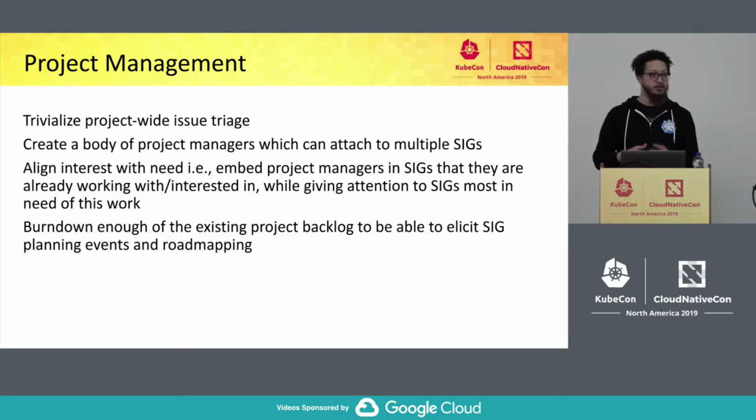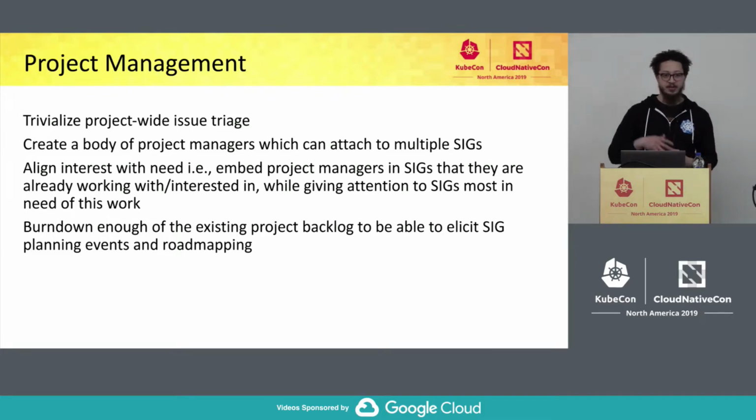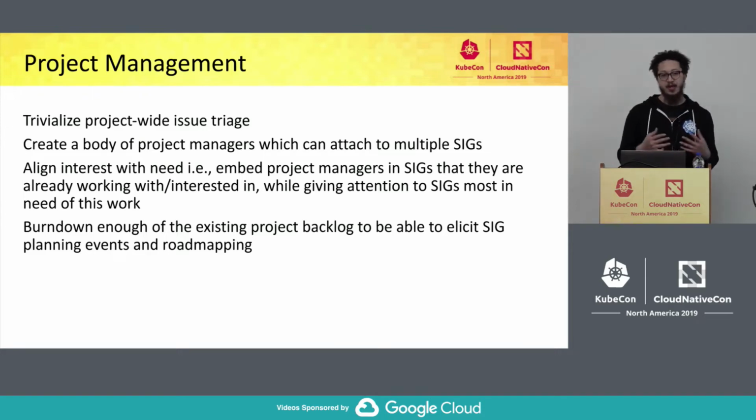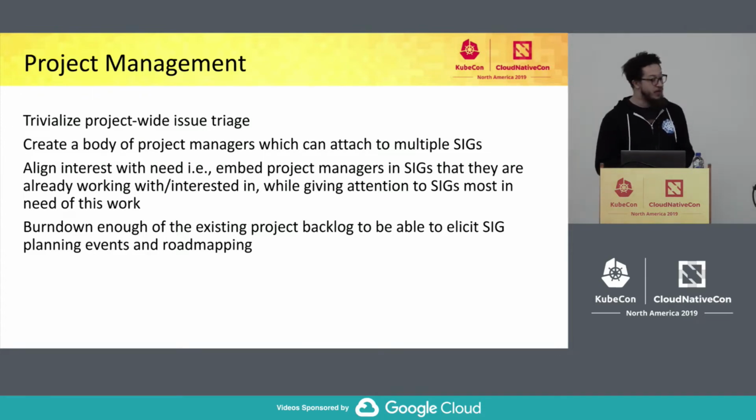Because again, the incentives for working in open source compared to the incentives for completing work at your job are very different, right? So figuring out a way to align these interests and burn down these project backlogs.